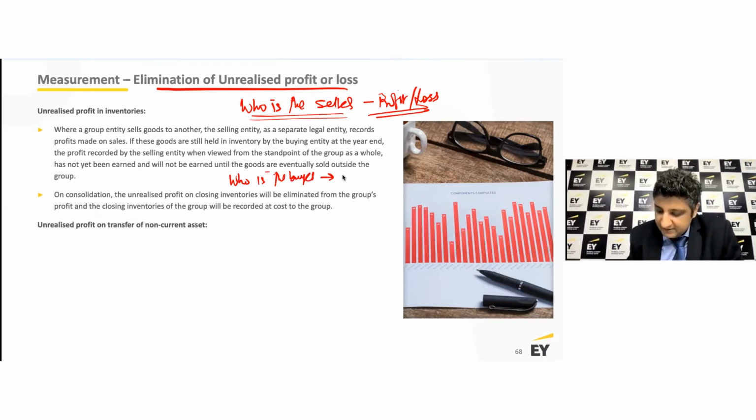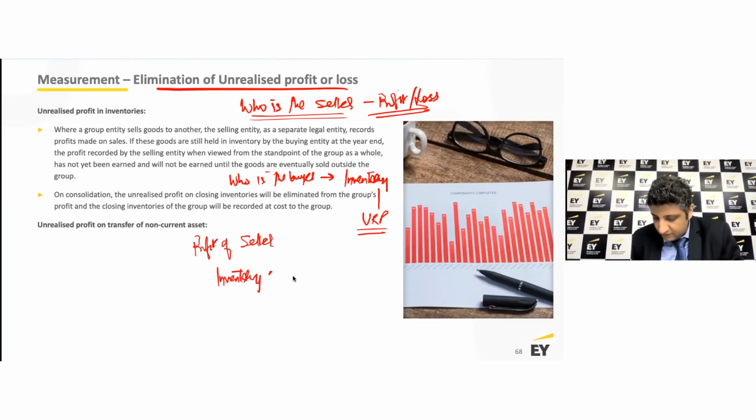That entity's inventory will include that unrealized profit. So what we intend to bring here, importantly, is that whatever is your unrealized profit or loss, you reduce the profit of the seller and also you reduce the inventory of the buyer.